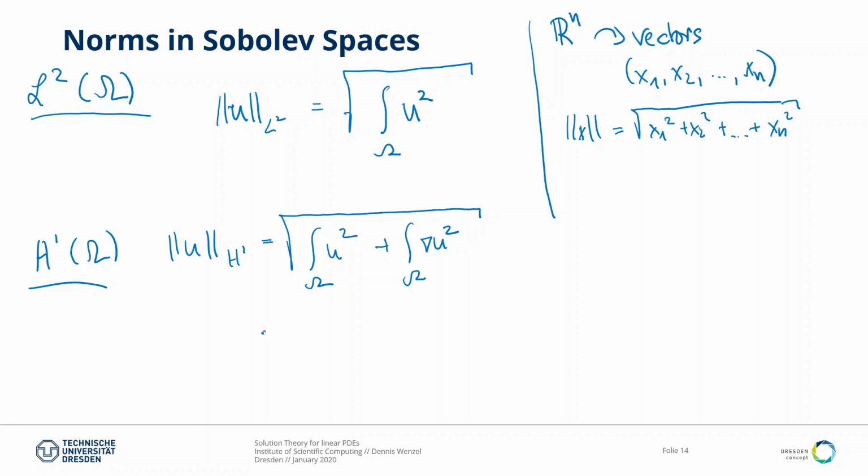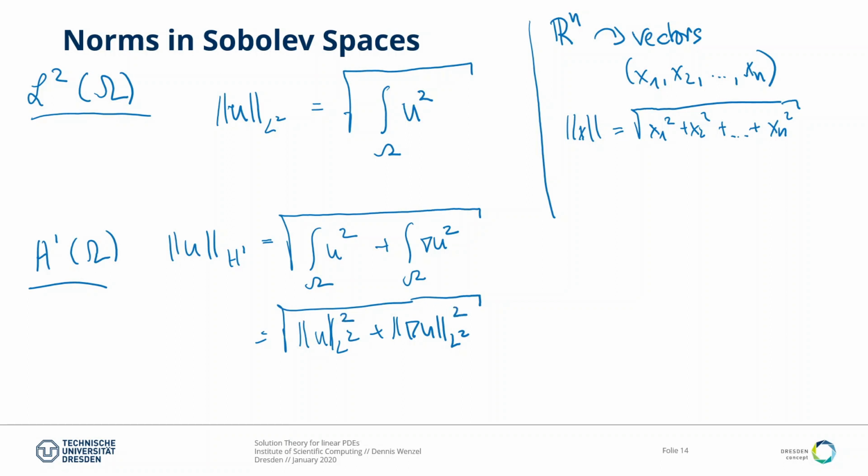Of course, you can also reformulate this. That's the square root of the squared L2 norm of u plus the squared L2 norm of the gradient of u. That's pretty straightforward.